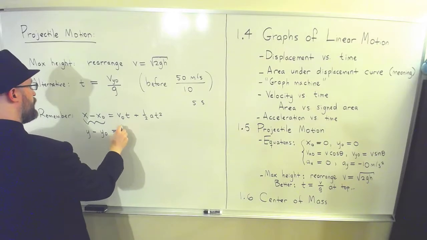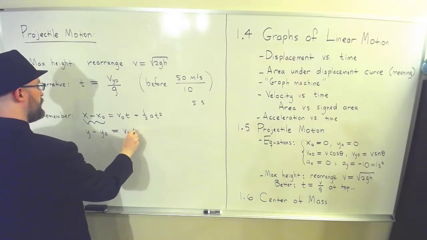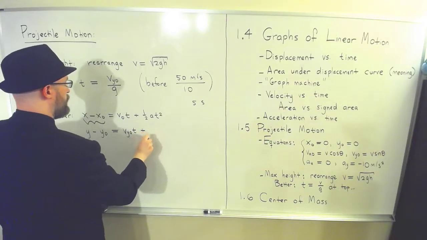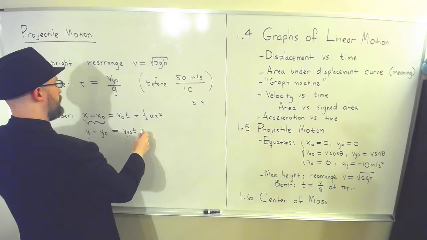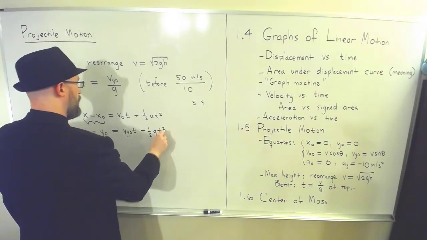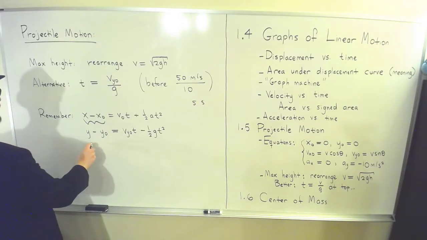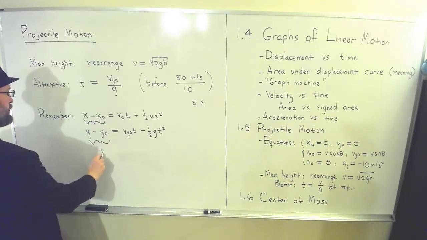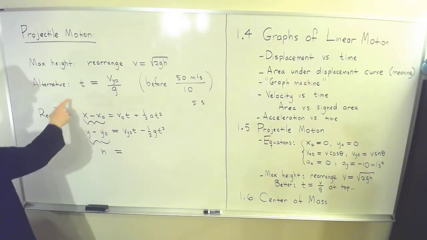And then this is going to be vy0 t plus, now, the acceleration due to gravity here, so this is minus 1/2 g t squared. And then we can plug this in. So this thing here is h. This is what we want.